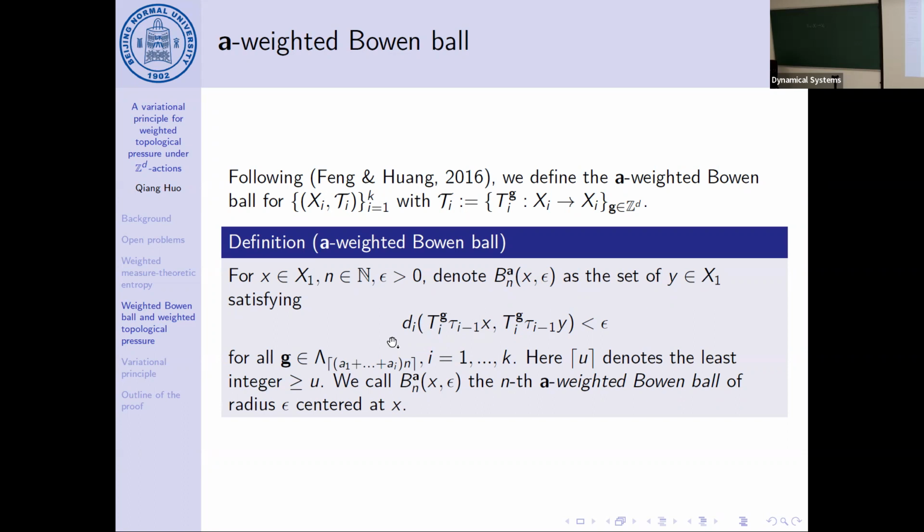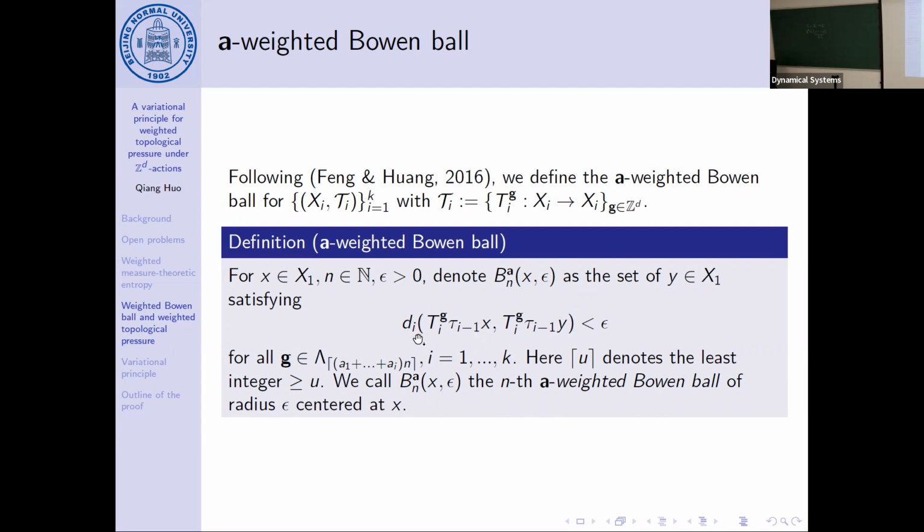And it is a little complicated. If we consider a special case, that is the non-weighted version, then this definition coincides with the traditional Bowen ball.